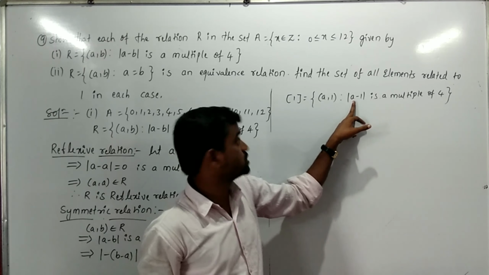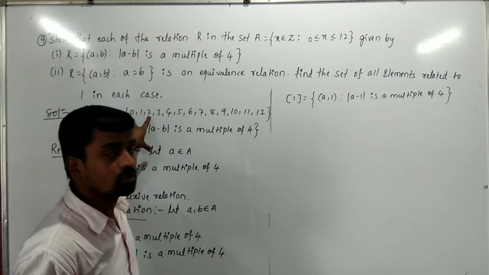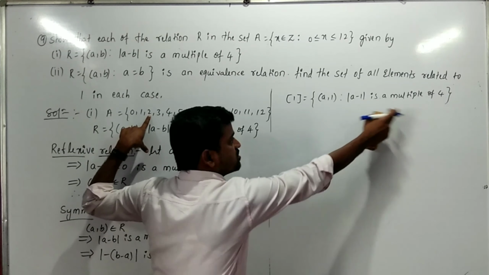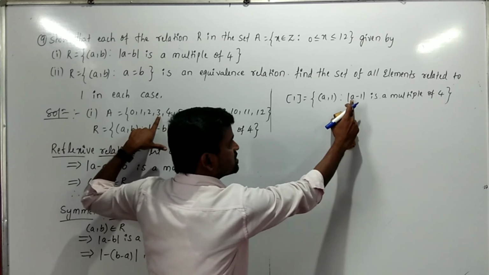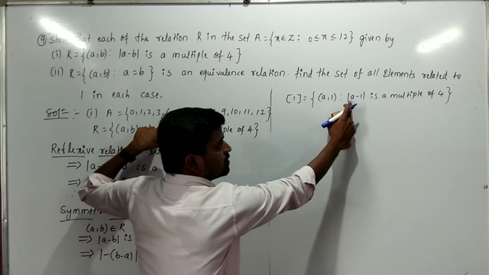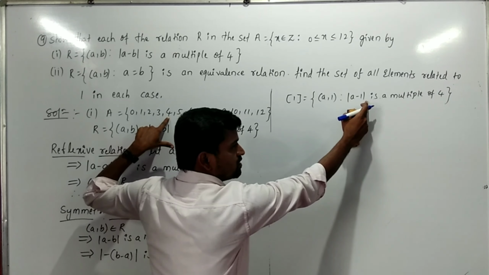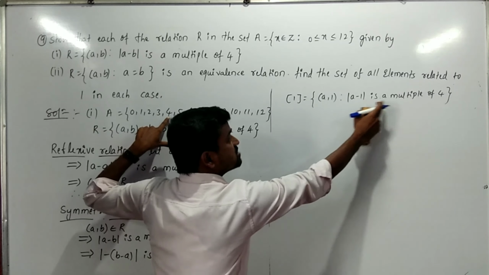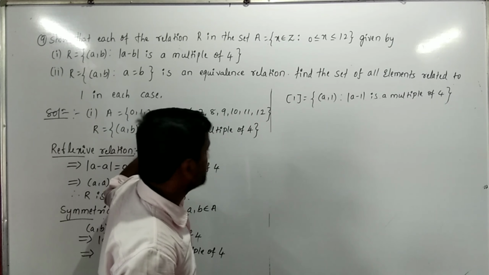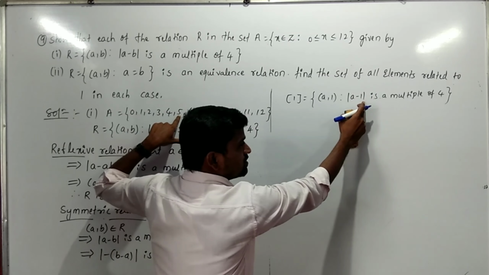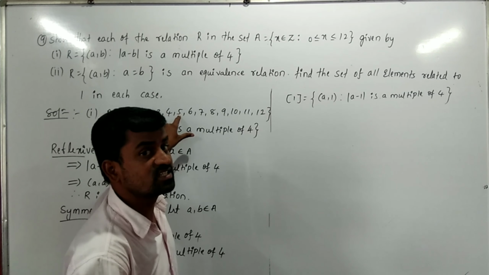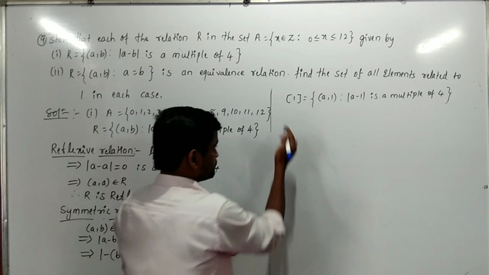You take a is 2, 2 minus 1 modulus 1, 1 is not a multiple of 4. 3 minus 1 is 2, 2 is not a multiple of 4. 4 minus 1, answer is modulus 3, 3 is not a multiple of 4, so 4 is not related to 1. 5 minus 1 is 4, 4 is a multiple of 4, therefore 5 is related, 1 is related to 5.